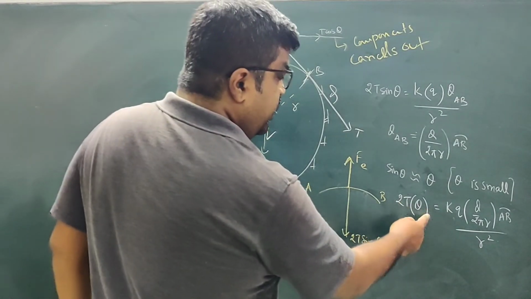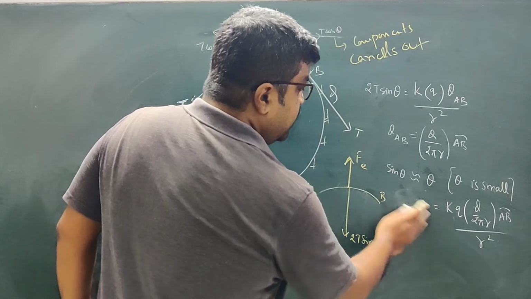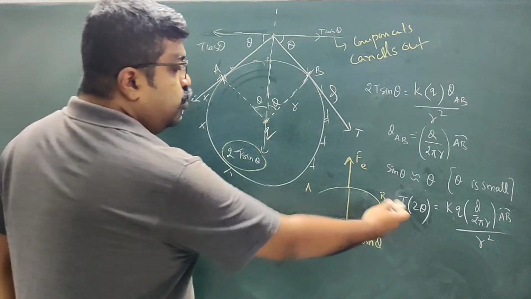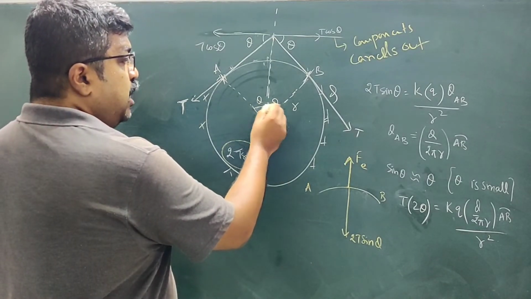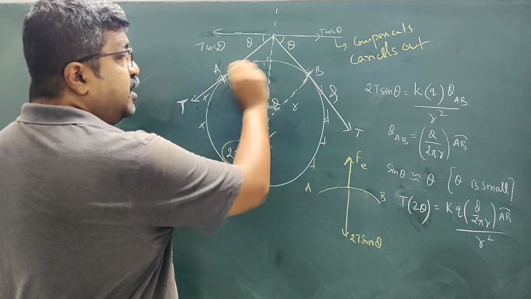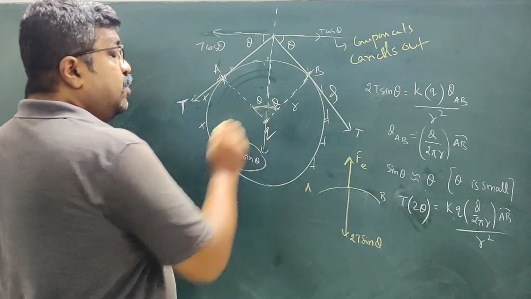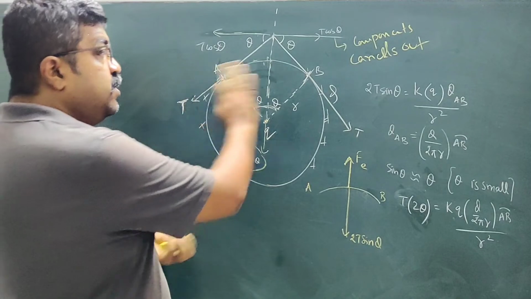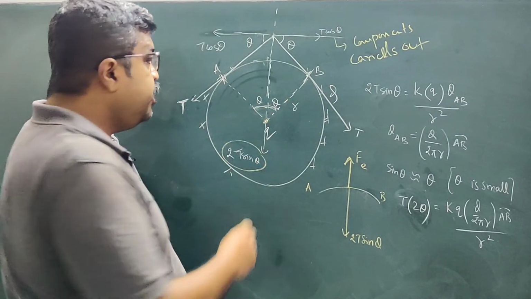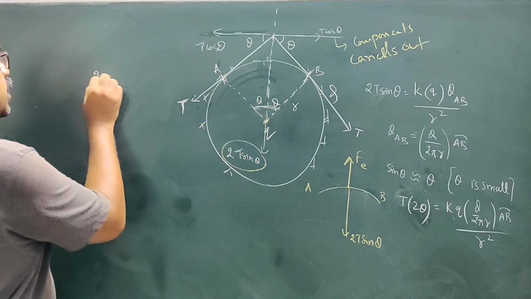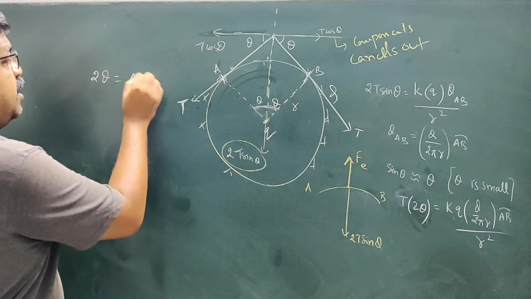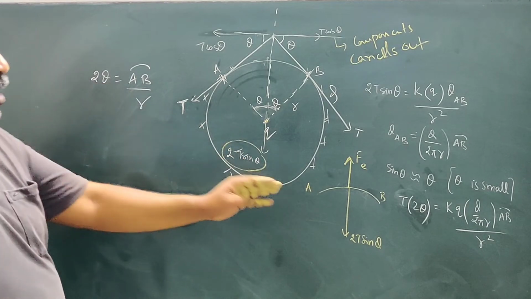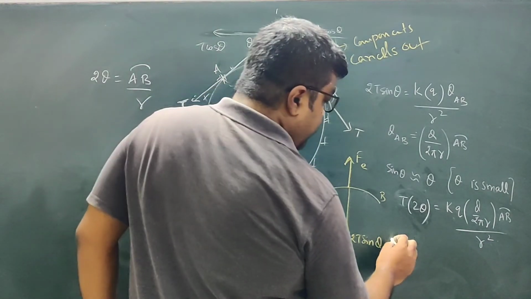Now this 2T theta can be written as T into 2 theta. So 2 theta is the total angle subtended by this arc AB. The definition of plane angle is angle equal to arc length by radius. Obviously this is in a plane. So 2 theta is equal to arc length AB by R. If I substitute this value over there, what do I get?